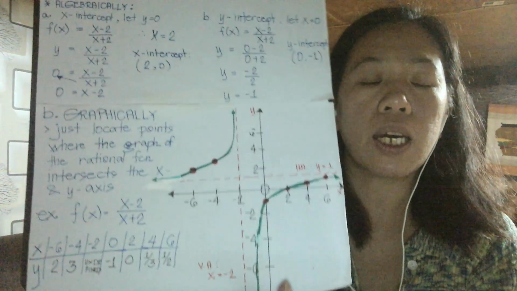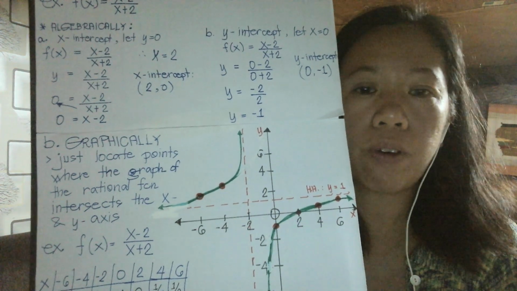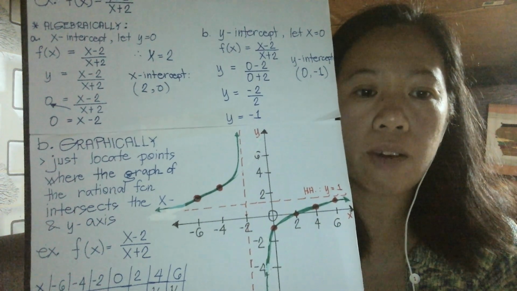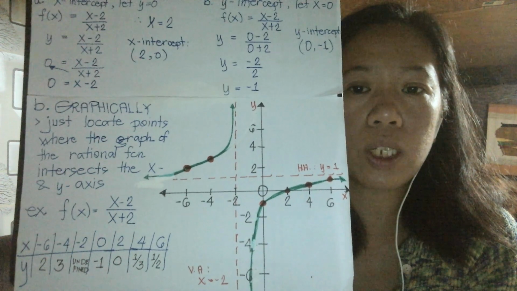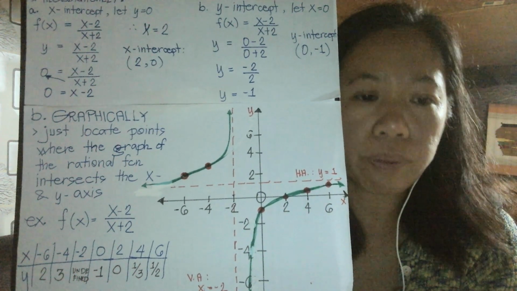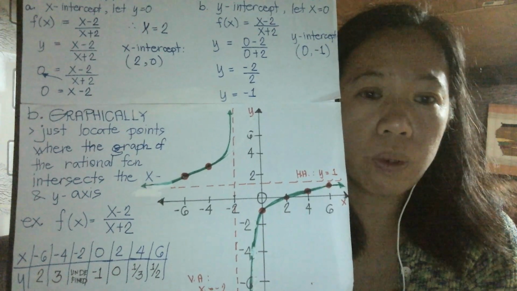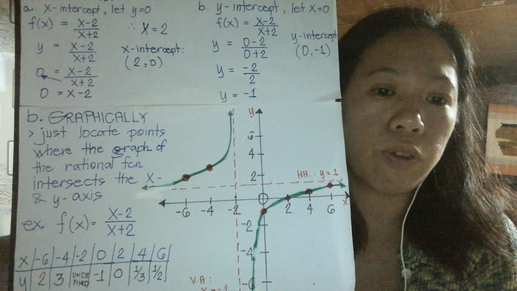Second method is graphically. We just locate points where the graph of the rational function intersects the x and y axis. From the same given, we just assign values of x. I have used here intervals of 2: negative 6, negative 4, negative 2, 0, 2, 4, 6.